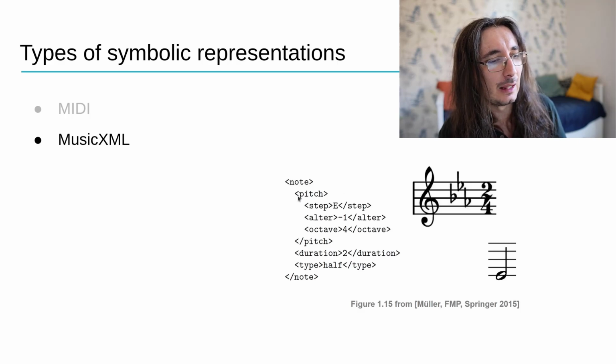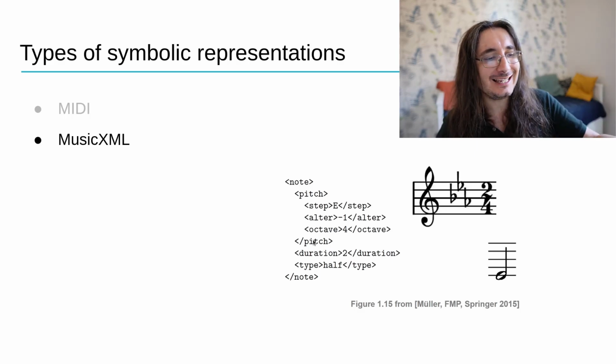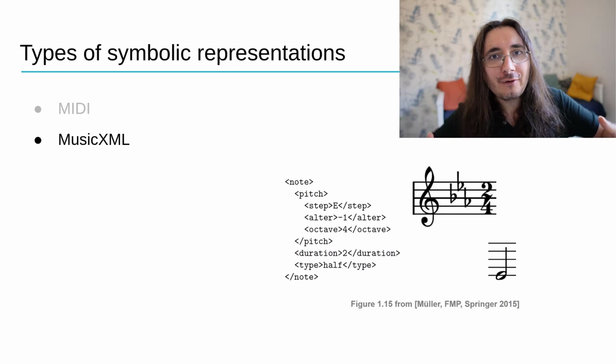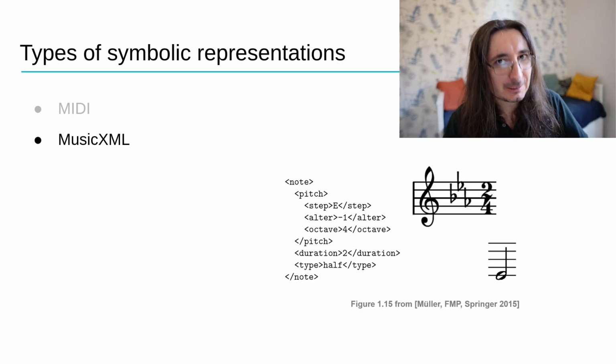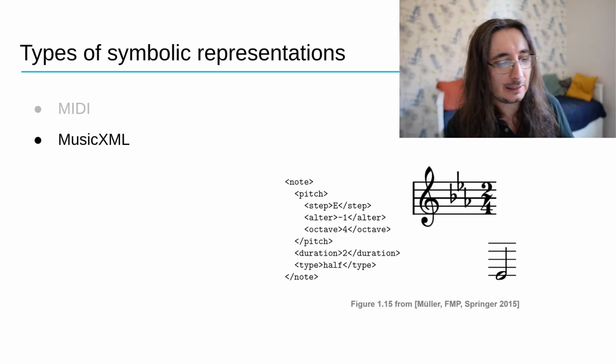As you can see, you have different tags like pitch, and inside pitch you have different information like the step, the alter, the octave, for example, and the duration and the type. All of this is a note tag that embeds all of that other information. You have a lot of information about the compositional aspects, and you can easily manipulate them because these are tokens that you can use.